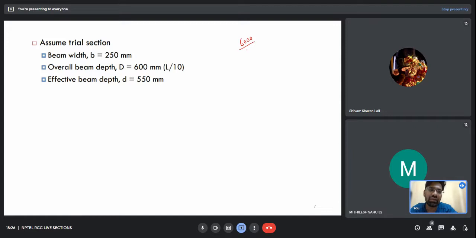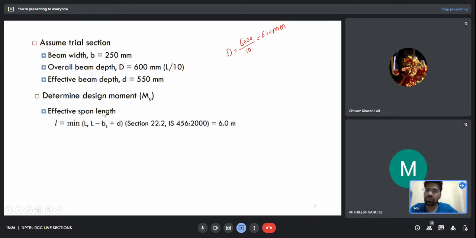I am approximately taking the length as 10 times the overall depth. So the depth will be 600 and I am taking a trial width of b equal to 250.